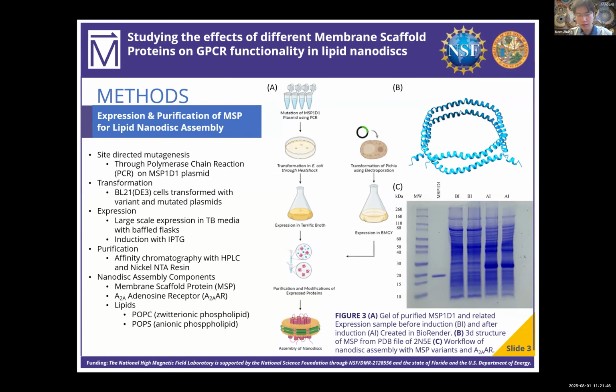And lastly, we assemble nanodiscs with these membrane scaffold proteins with the labeled A2AR adenosine receptor, as well as introducing the different phospholipids. The two phospholipids that we use are the zwitterionic POPC and the anionic POPS, following very typical compositions in human cellular membranes.